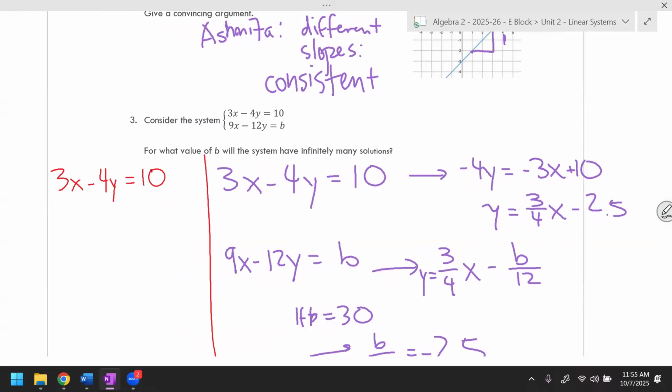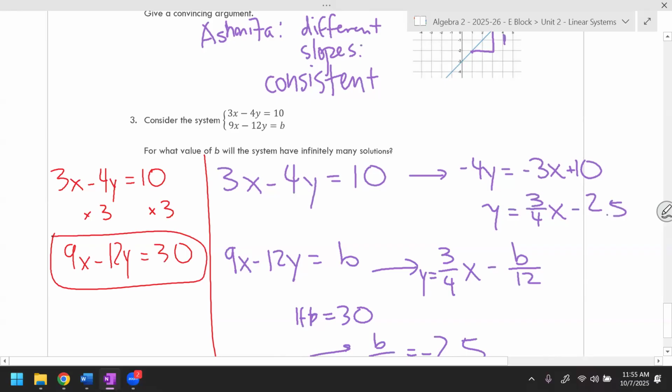So all I have to do is take both sides of this equation and multiply by 3. This gives me 9x minus 12y equals 30. And you can see that this equation matches this equation, except that b is instead 30. So if that b was a 30, these two equations would give you the same line. They would be the same equation, essentially.